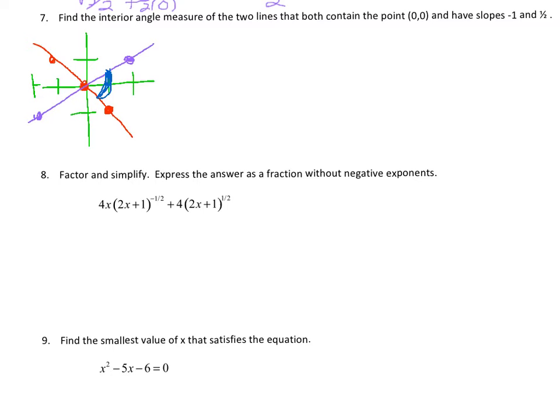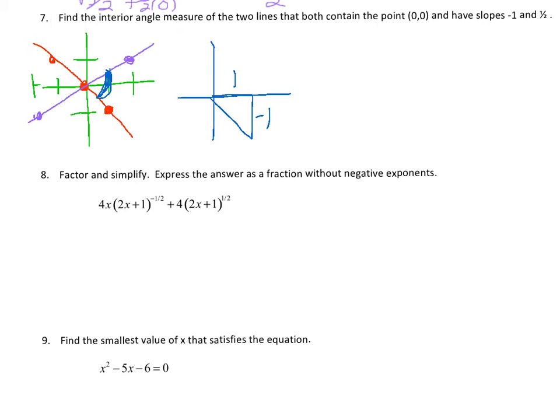So what we can do is draw a triangle for each line and find their angles. So if we look at the first line with the slope of -1, we know that we had to go over 1 and down 1.